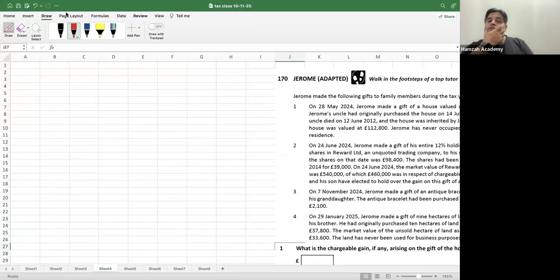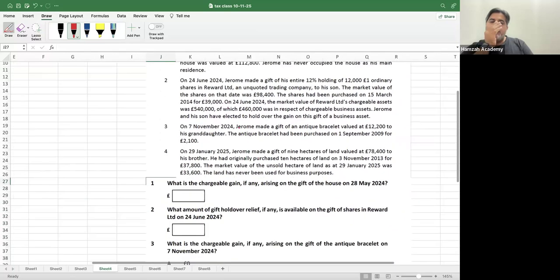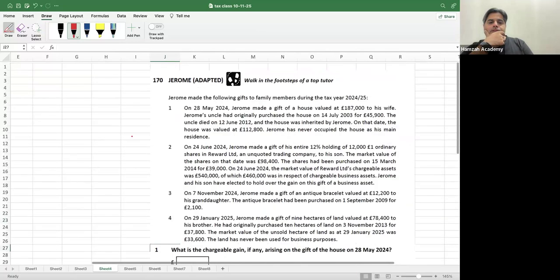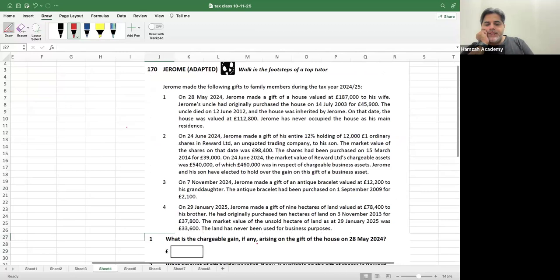Okay, I'm back. So let's resume now. We have this Jerome question now. Jerome made the following gifts to the family members in the tax year 24-25. We have these points over here, 1, 2, 3, 4, 5. Number one: what is the chargeable gain, if any, arising on the gift of the house?